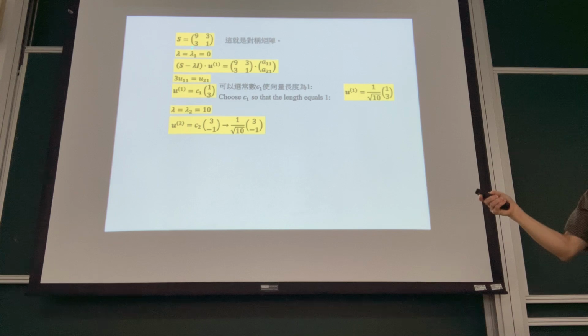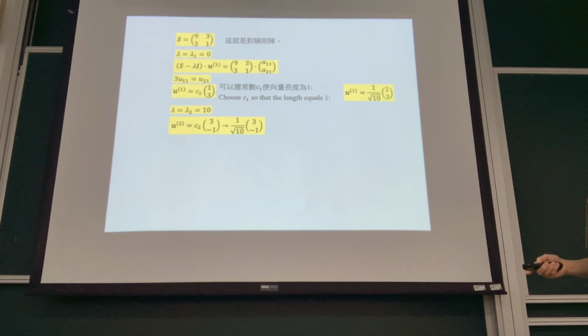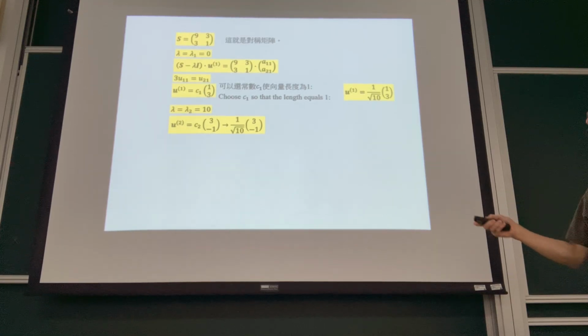The eigenvalues of this symmetric matrix are 0 and 10. The first eigenvector is C1 times 1, 3. The second eigenvector is C2 times 3, minus 1. You can try to solve the problem yourself.